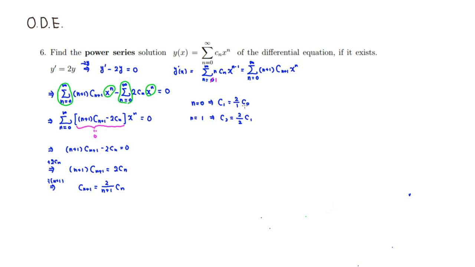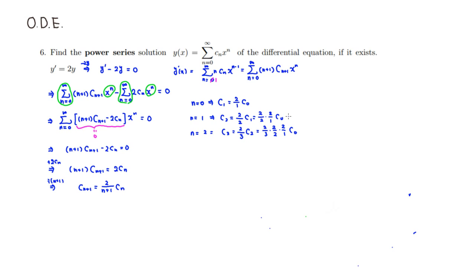But C1 is just the one before, so you get 2 over 2 times 2 over 1 C0. Then when n equals 2, it's a little tedious, but we'll do a few of them so that we can see the pattern. It's going to be 2 over 3 C2. But C2 is the one before, so you get 2 over 3 times 2 over 2 times 2 over 1 C0. Alright, we're beginning to see the pattern.